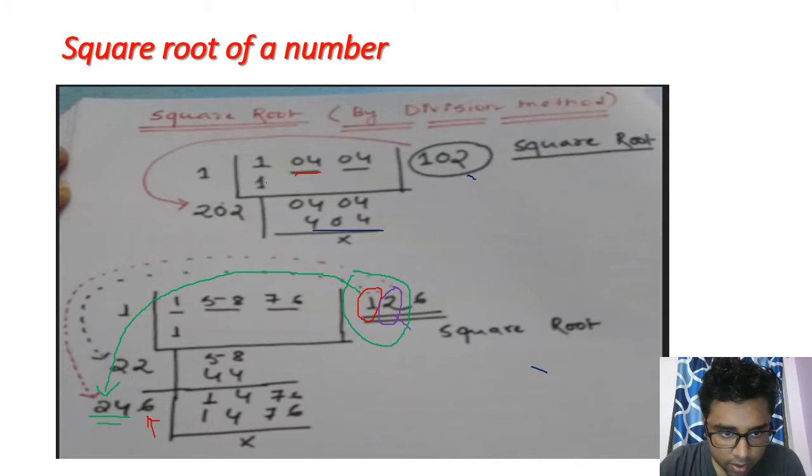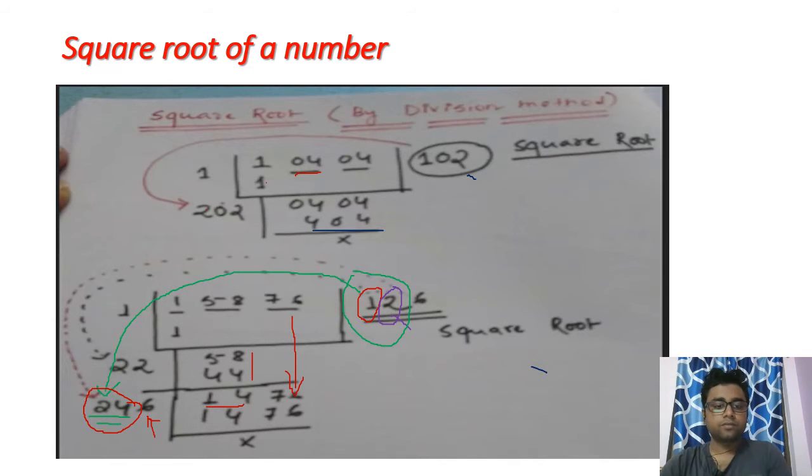I am saying that we double here, we get 24. Now here 58 minus 44, that is 14, and we bring down this 76.